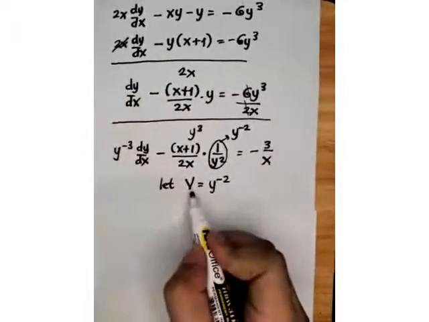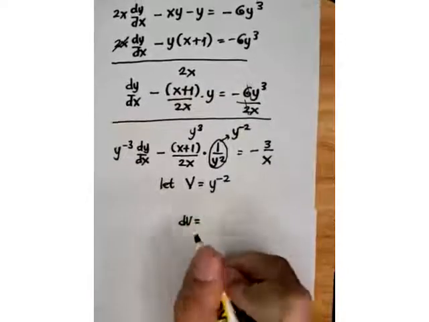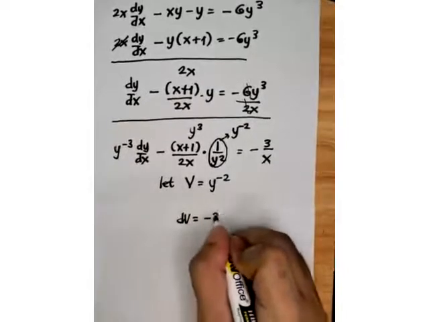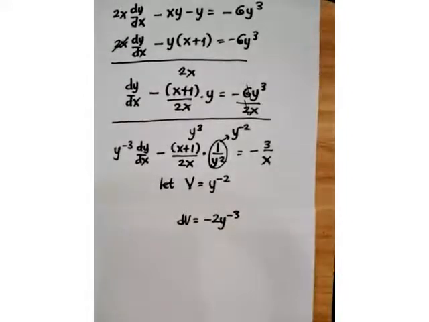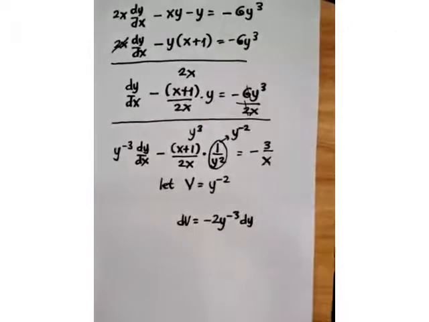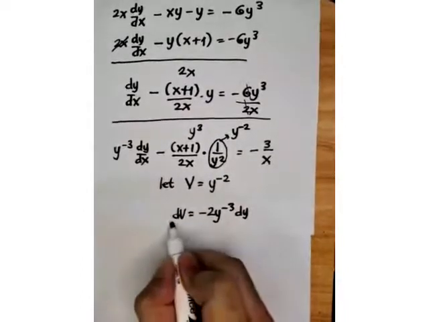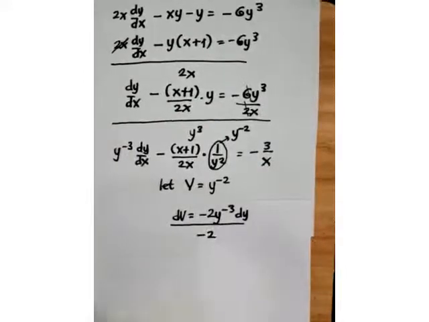And then, i-derive natin siya. So, dv is equal to negative 2y raised to negative 3 dy. Okay? And then, di-divide natin siya ng yun lang coefficient dito, negative 2.